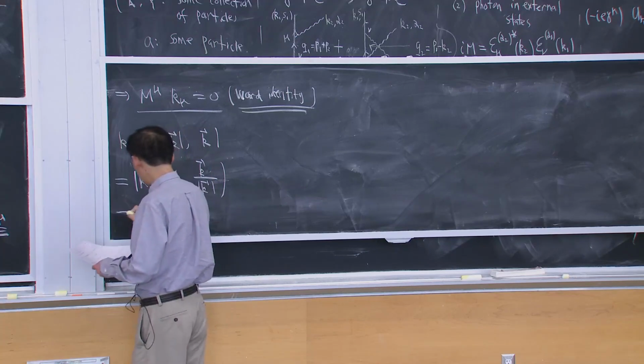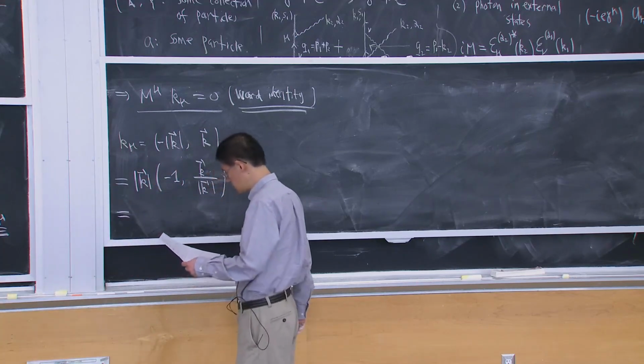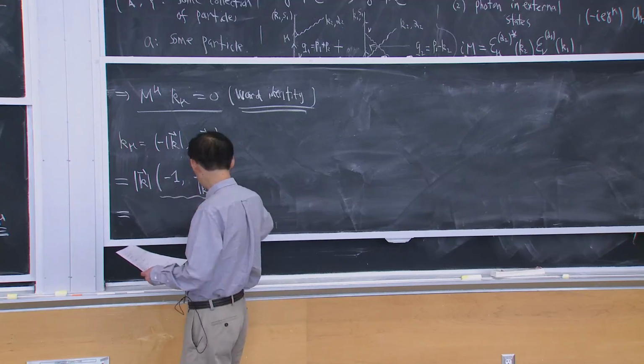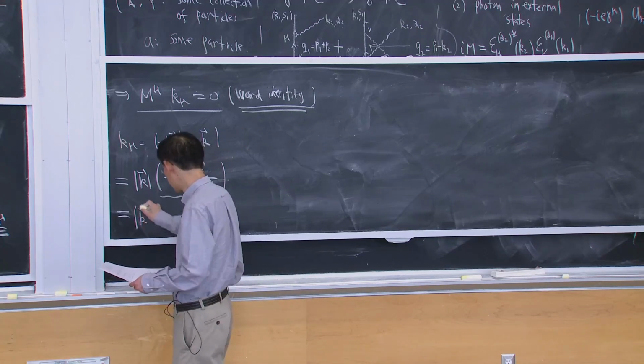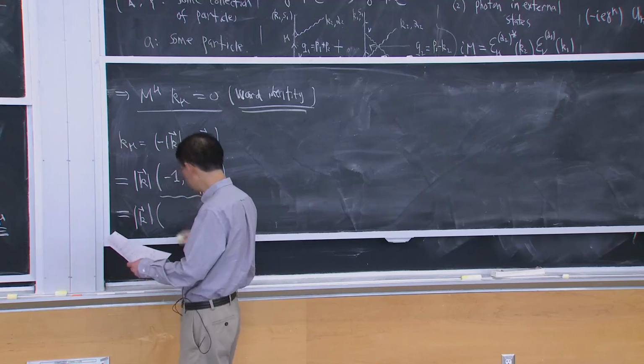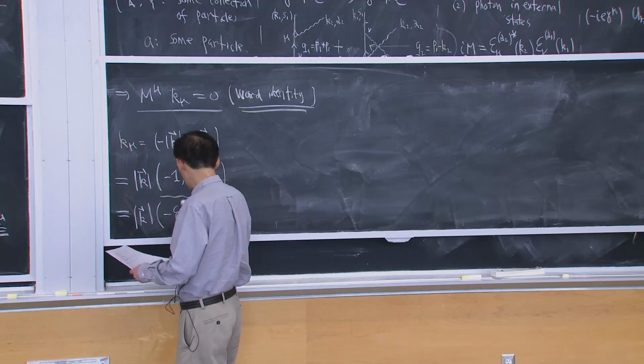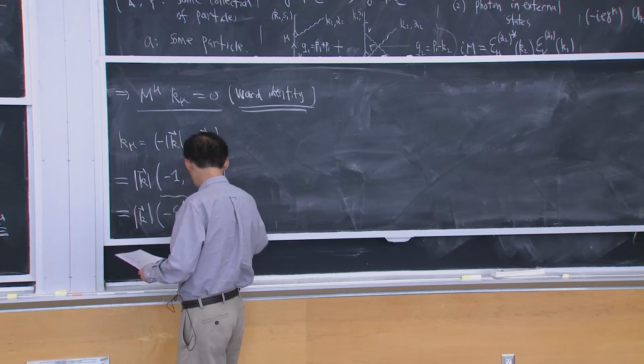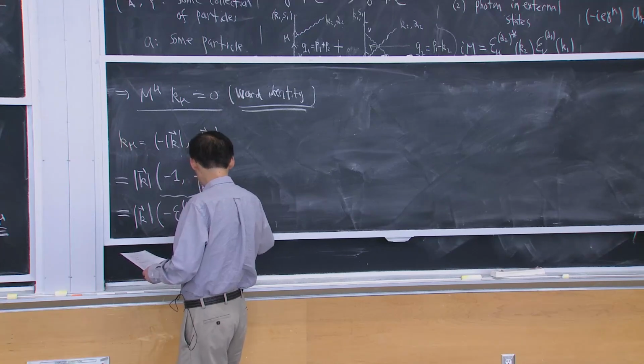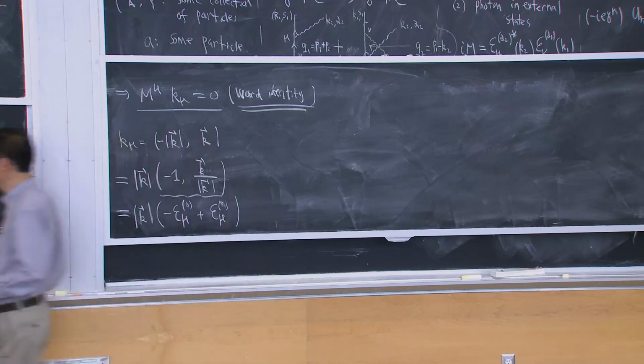This is a fact I think you also used in your P set. And this is the same as the difference between the zeroth polarization vector and the third one, from what we wrote here.